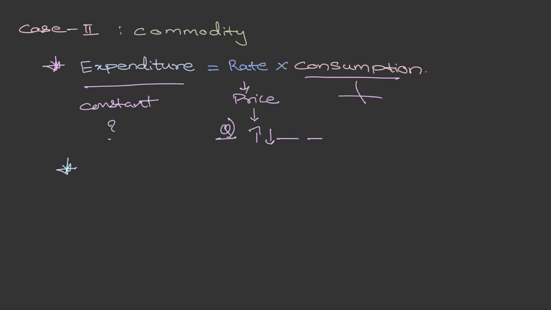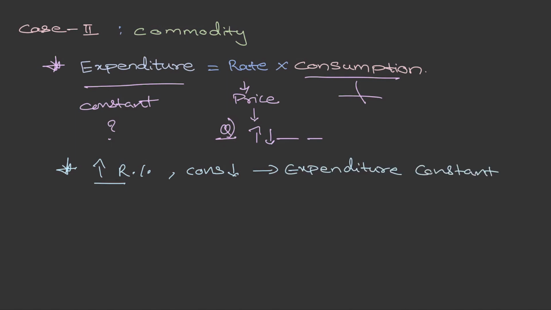here let's assume rate increased by R%. As rate is increased, consumption must decrease so as to maintain expenditure constant. This is given by the formula R by 100 plus R into 100%.